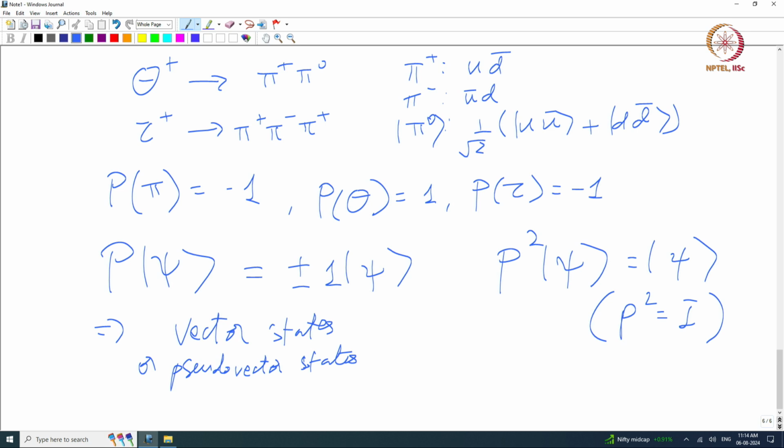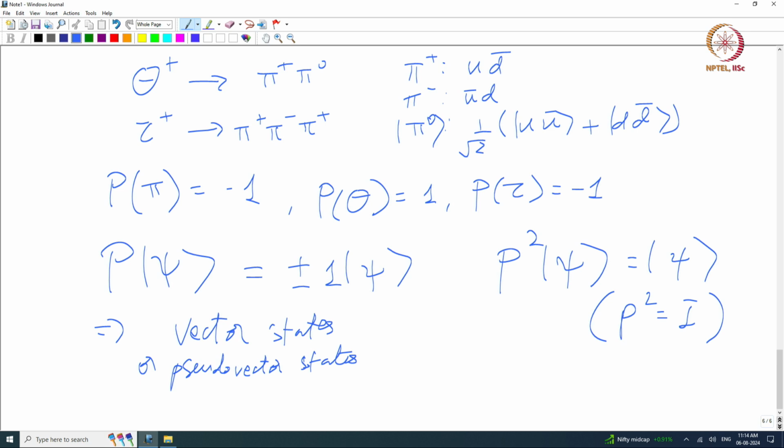Now that I have introduced the concept of vector and pseudovector, maybe we should also talk about scalar and pseudoscalar states, which should be trivial at this point. We already saw what a vector is. If you flip the sign of the coordinates, the vector also flips sign. So what is a scalar then, a real scalar?